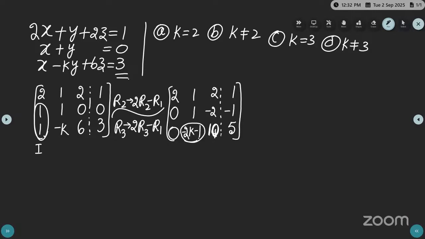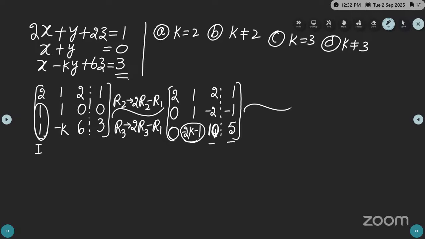Utilize this value, by using the second row, try to make these two as zeros.